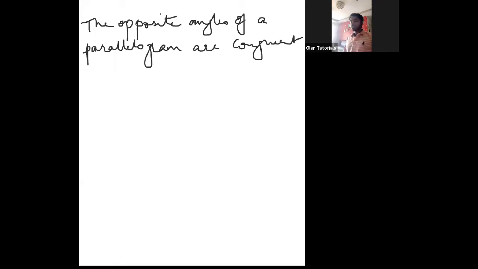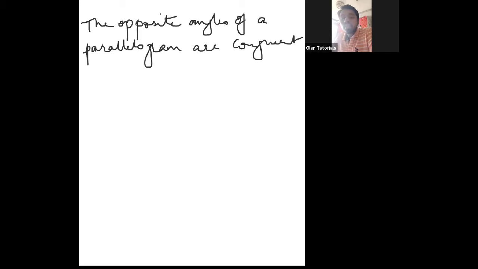Okay. Now if you see, this is a simple sentence. What I wrote on the whiteboard: the opposite angles of a parallelogram are congruent. Now we have to convert this into an if-then statement.